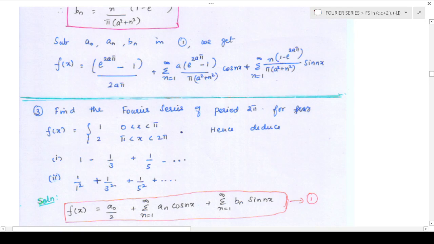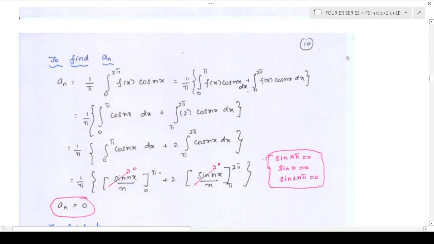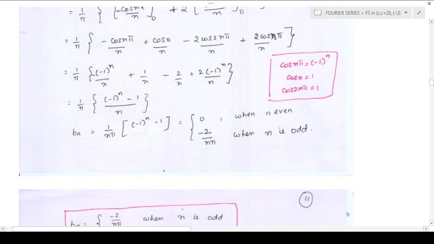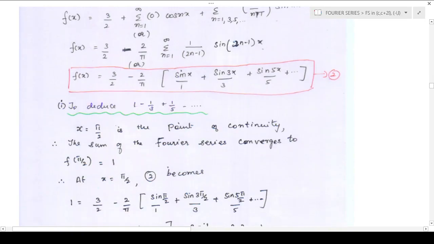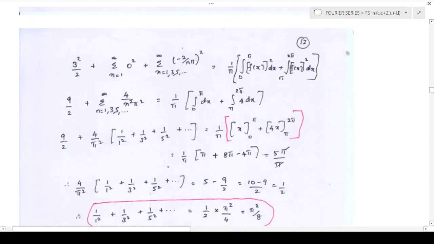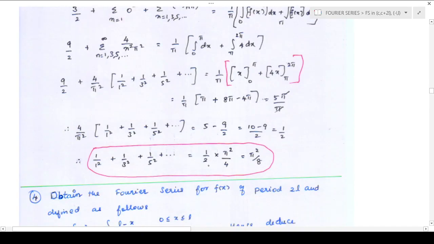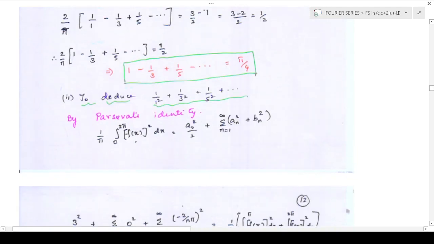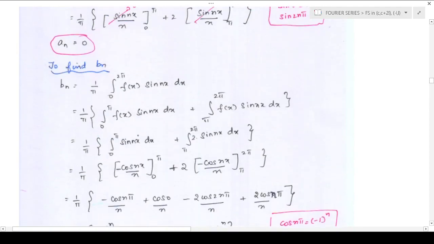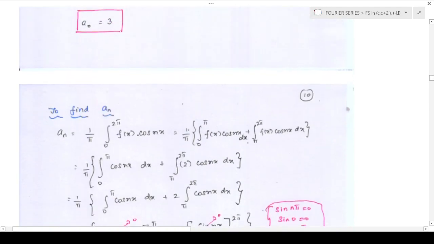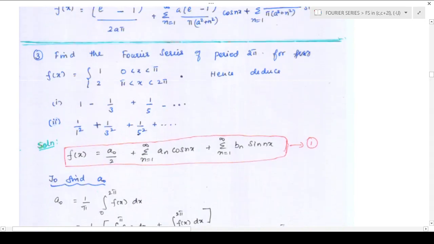You always keep it in mind, the value for 1 by 1 square plus 1 by 3 square plus 1 by 5 square plus so on, whatever the problem may be, the answer will be the same. It is pi square by 8. So whatever the problem is, if they give this series, your value is pi square by 8.